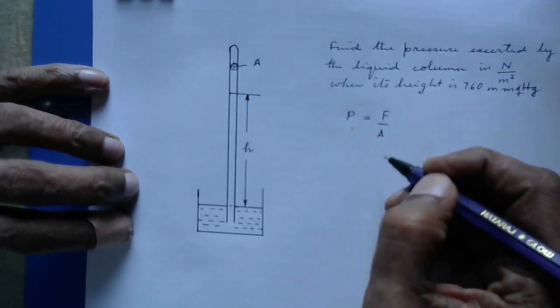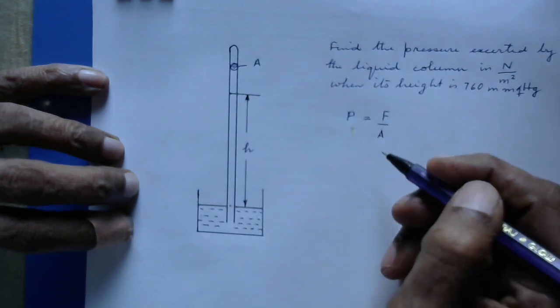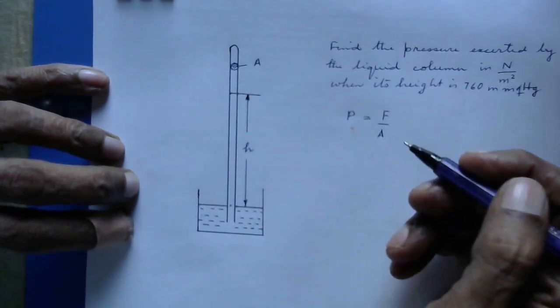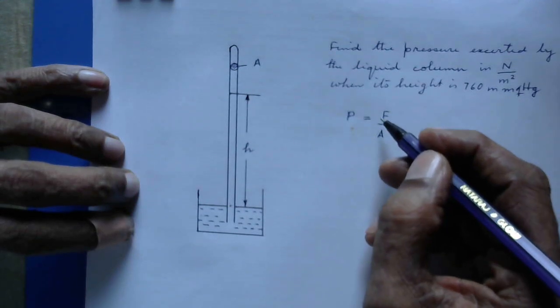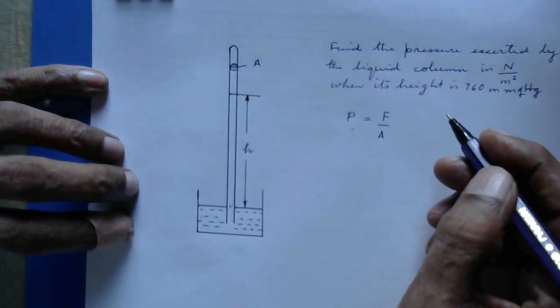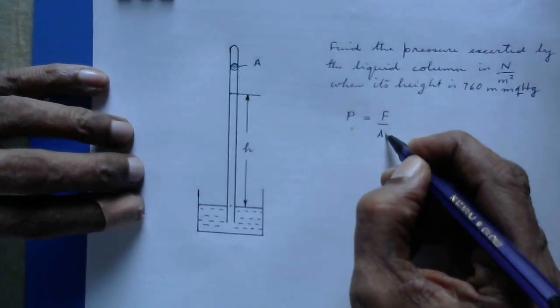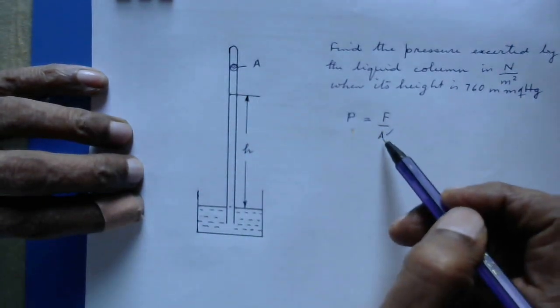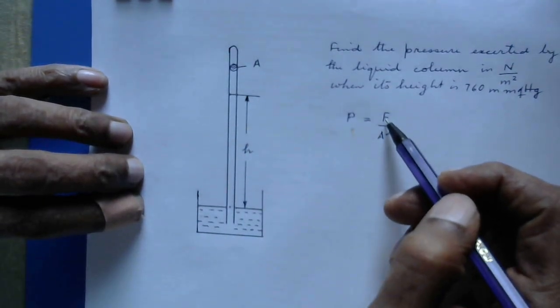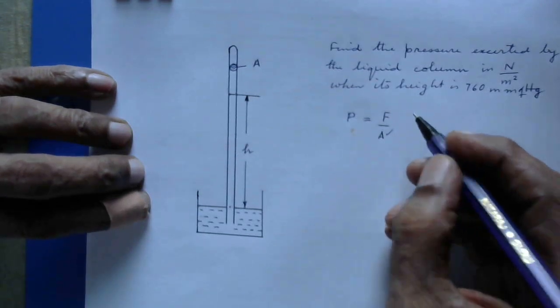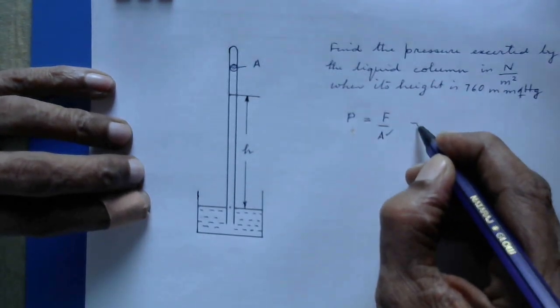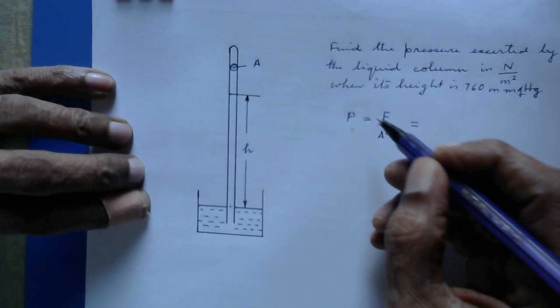We are asked to find out only, given a height, the pressure. But the equation we know is pressure is equal to force by area. The cross-sectional area of course is given, so we know A, but F is not known. So when F is not known, what should we do? We should understand the problem and find out what the force would be.